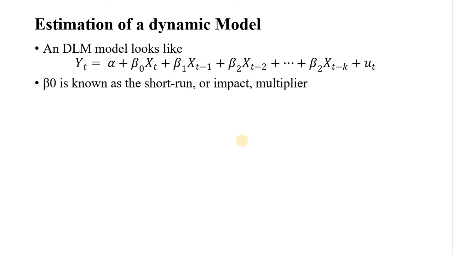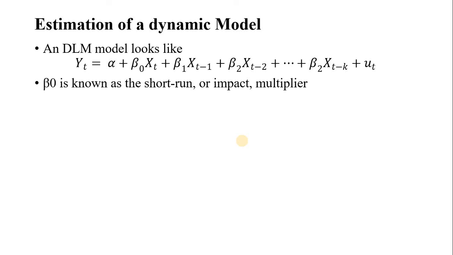The first type is known as short-term parameters or immediate effect parameters, the second is the intermediate, and the third is the long-run parameter. In this example, Yt is a function of Xt and past values of Xt-1.